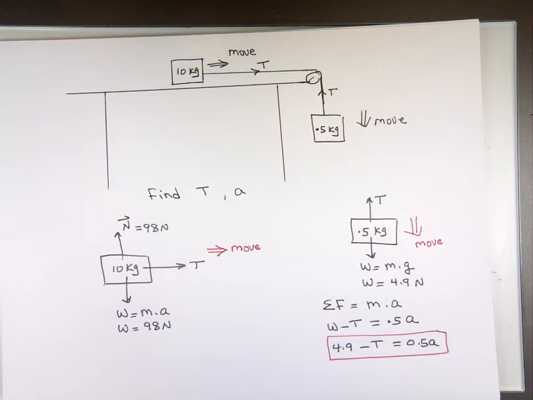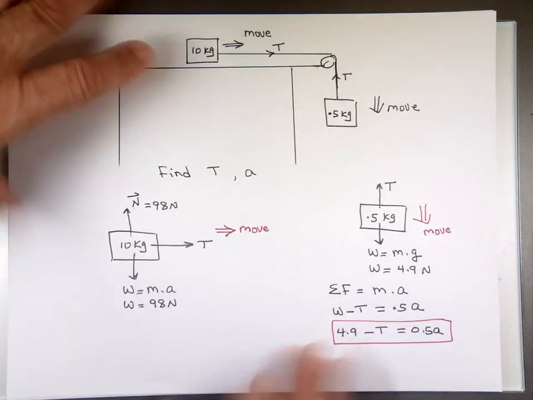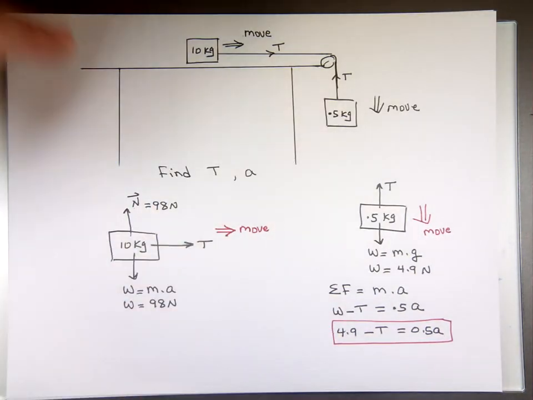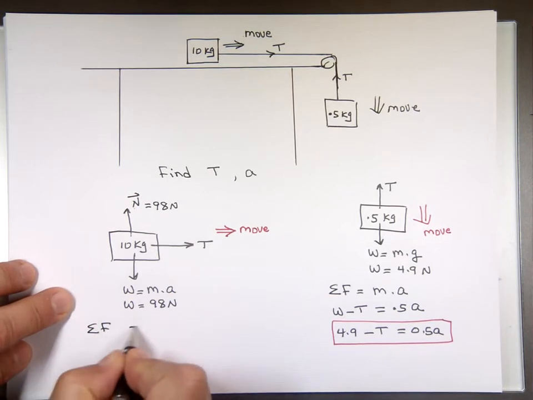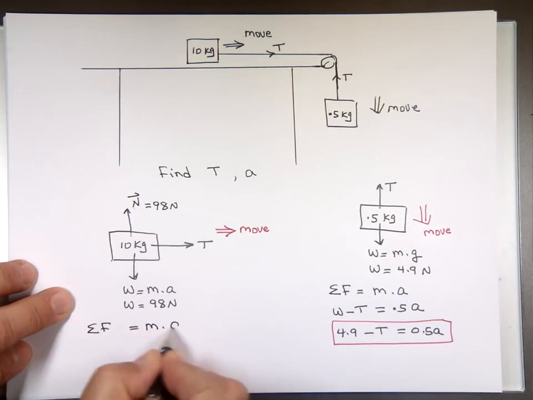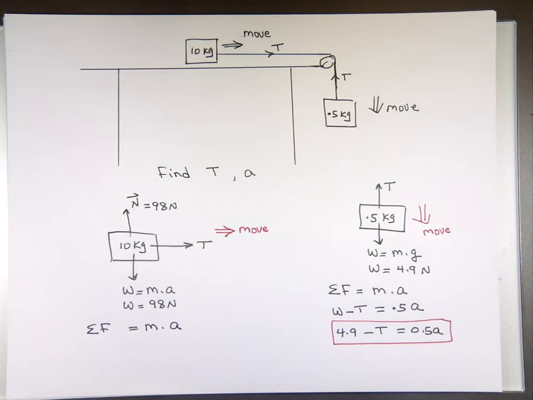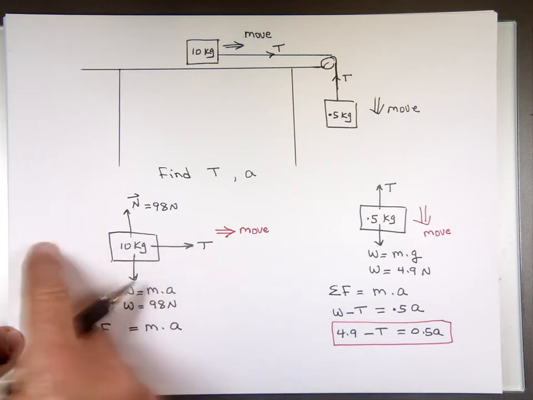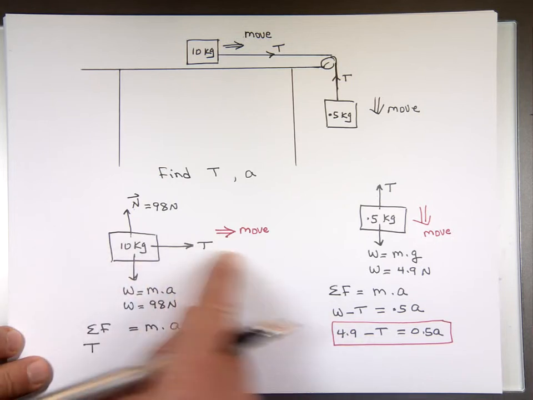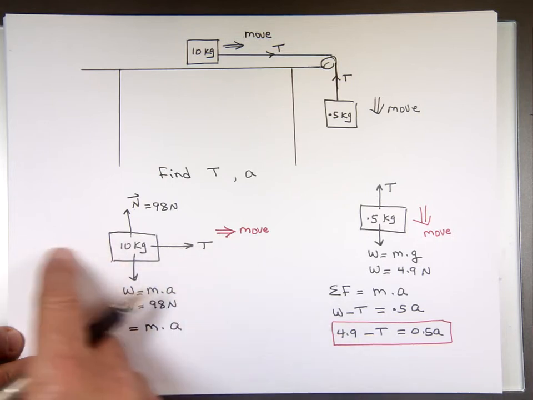So what is the net force in the direction it's moving? We don't care about the other direction. In the direction that you're moving, what is the net force? What do we have in this direction, left to right?